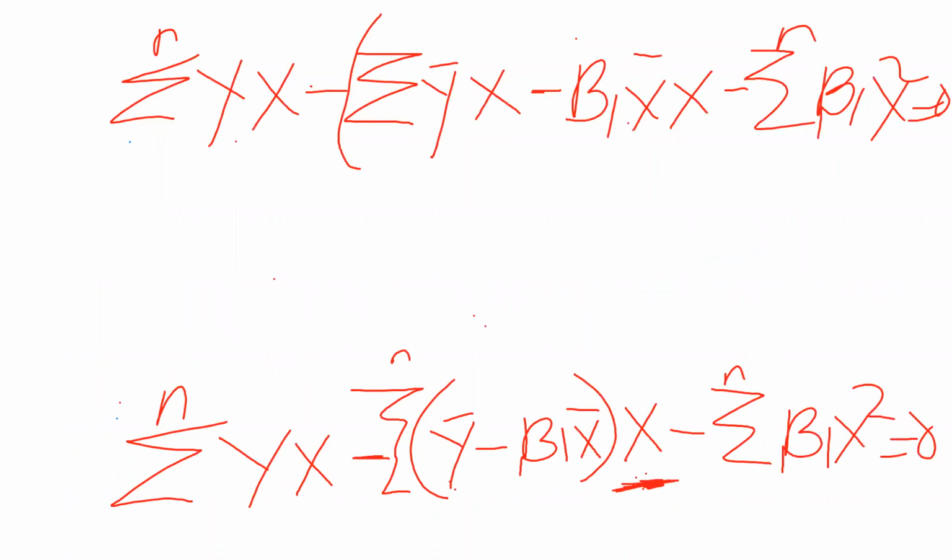So from here now, it becomes that easy. You see that this negative is for both up to here, so you have to distribute it.